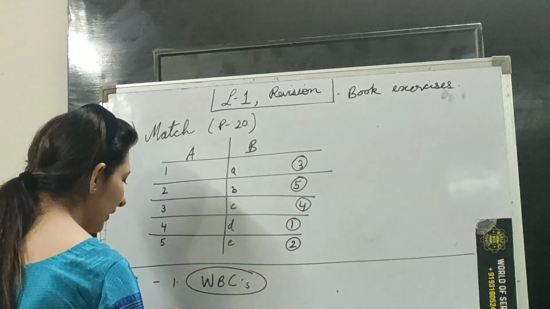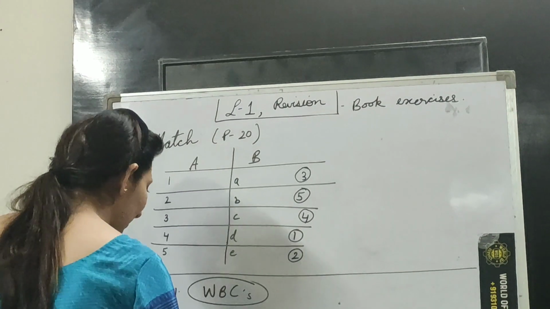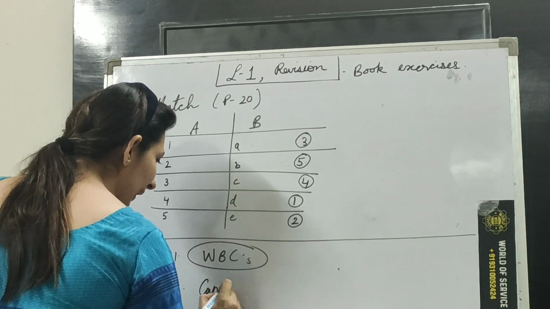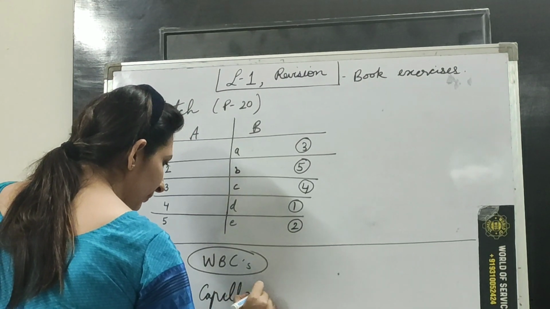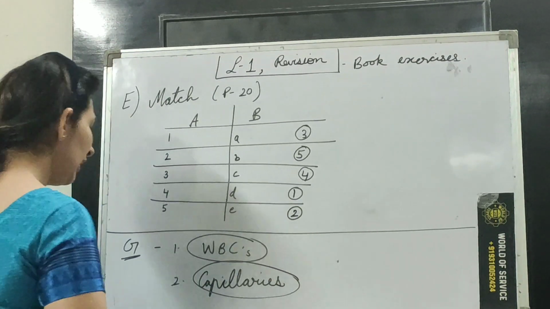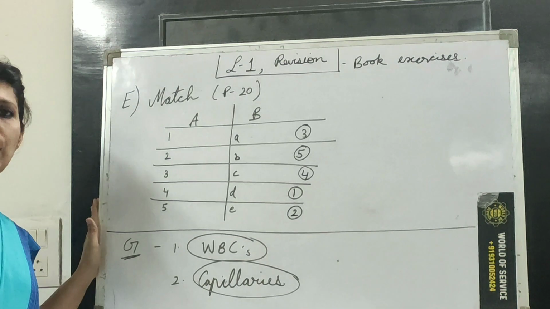So, children, you can circle this. RBC, WBC, capillary, platelets and plasma. Here capillary is the correct answer. Now, you can circle it. Please note down, children, in case you have not noted down.